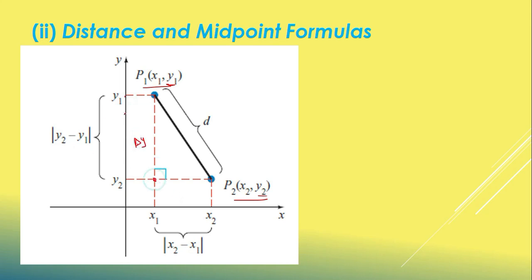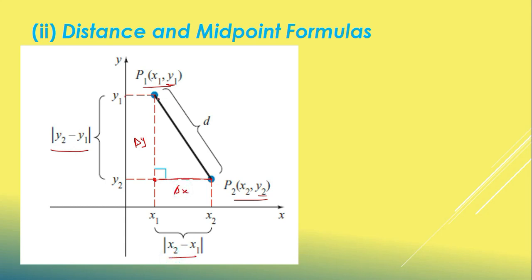Here, the difference between two constant values in one line is given by this absolute value. The distance in the vertical axis is y2 minus y1 under absolute value. The distance in this horizontal line is given by x2 minus x1. You can call it del x.